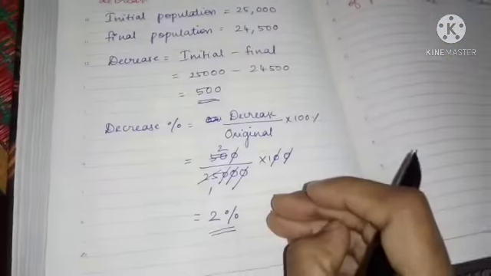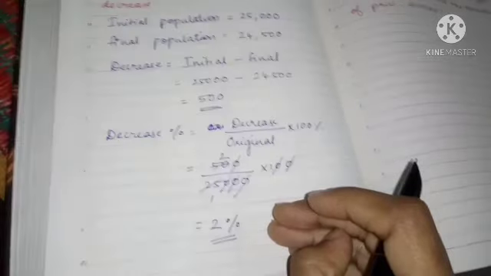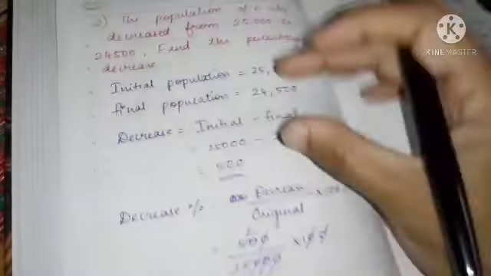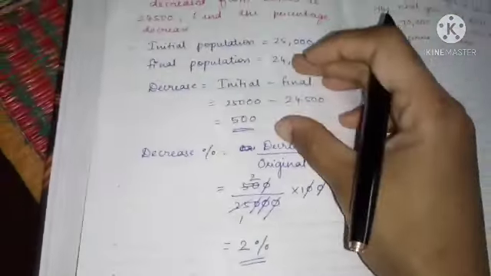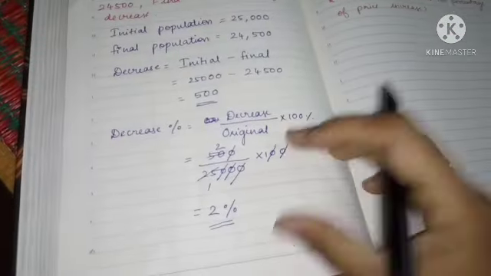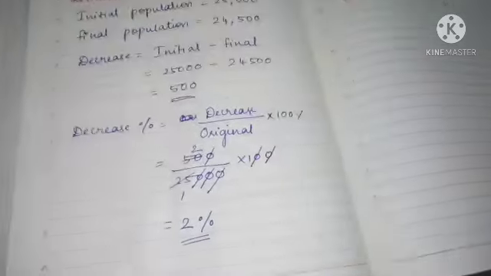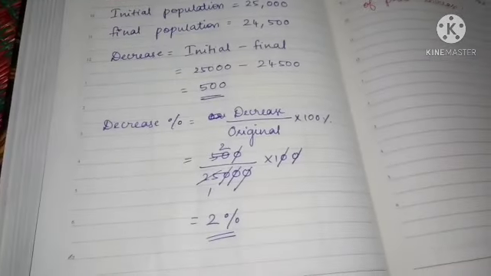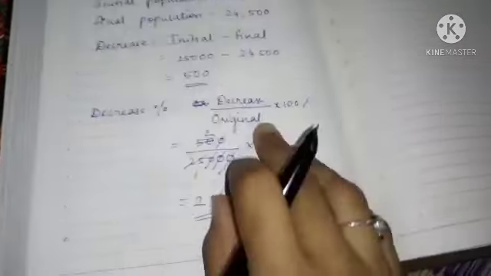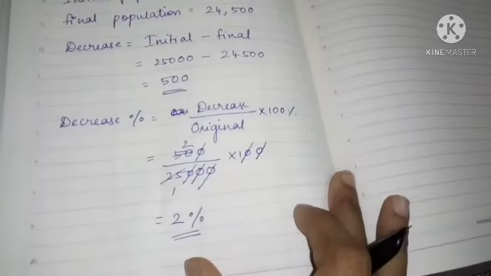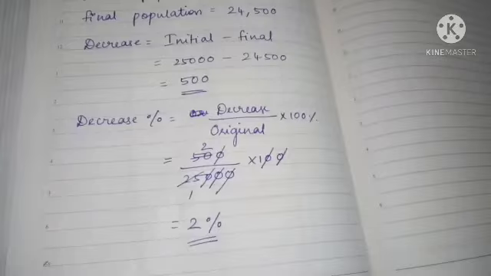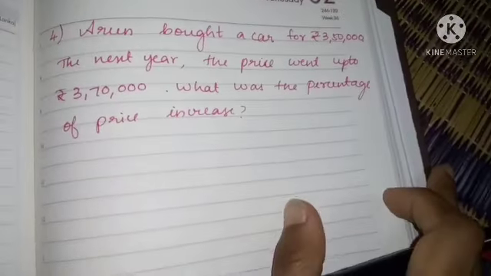So for the decrease amount, you know how many people are decreased, but when you want to find the decrease percentage, you should use this: decrease or difference in both the population divided by original population into 100 percentage, you will get the decrease percentage. Understood?